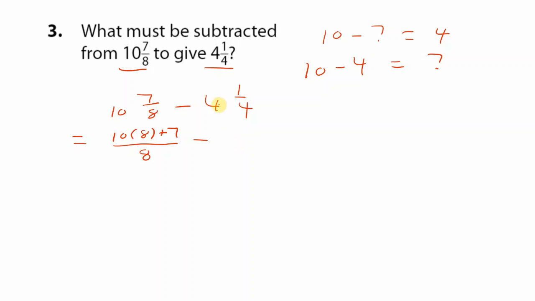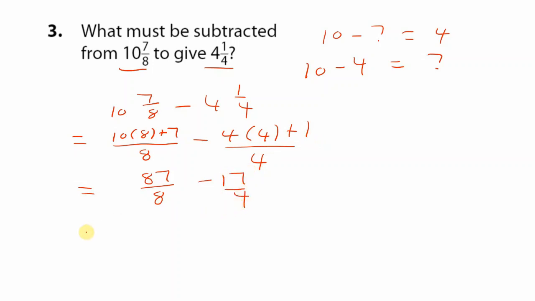Same thing here. So 10 times 8 is 80. 80 plus 7 is 87. 4 times 4 is 16. 16 plus 1 is 17.